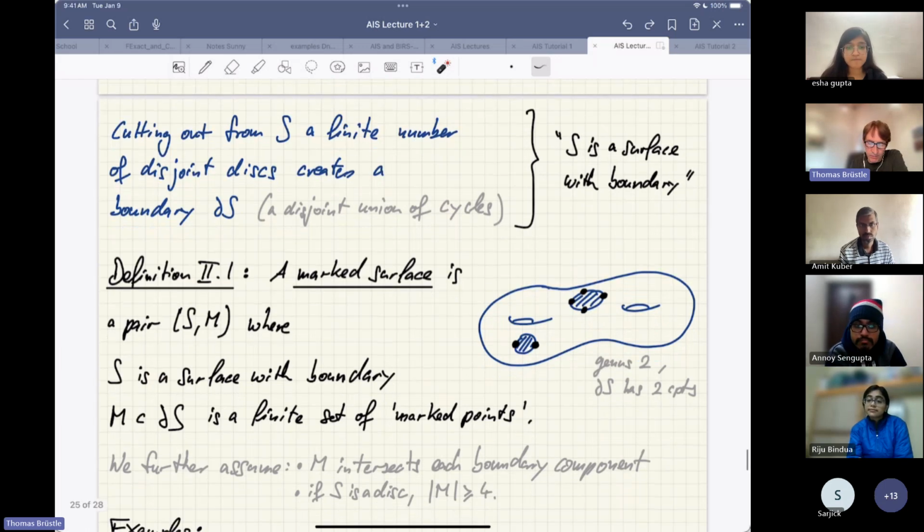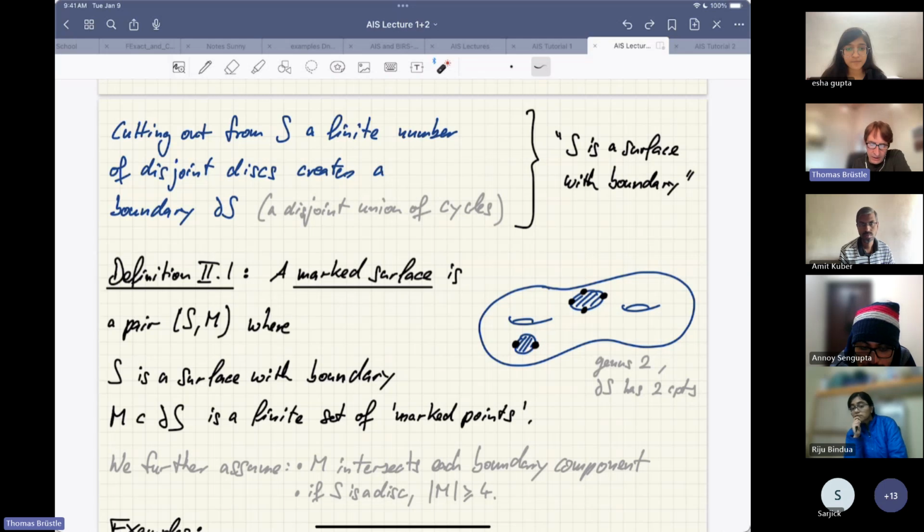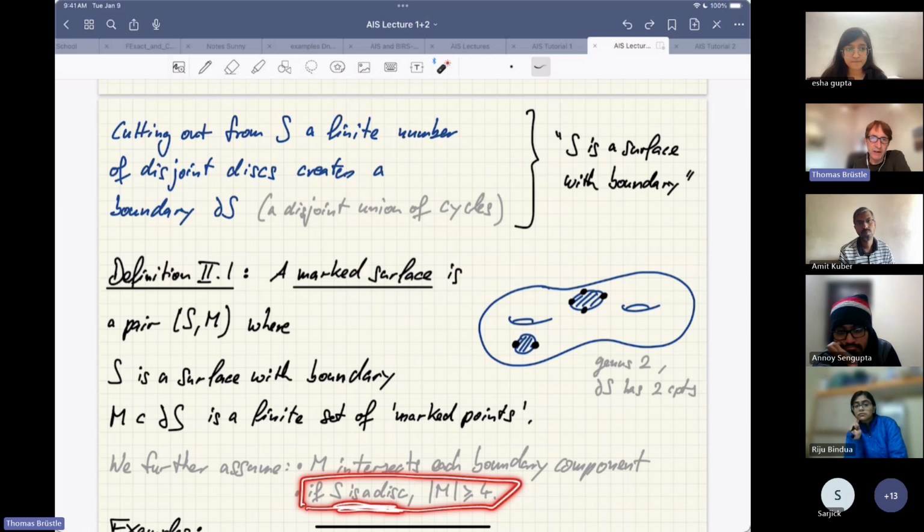And we make some further assumptions to avoid certain problems. I first insist that every boundary component has at least one marked point. On that boundary component, at least one marked point must be sitting there. And I avoid certain small cases because later I want to talk about triangulations.